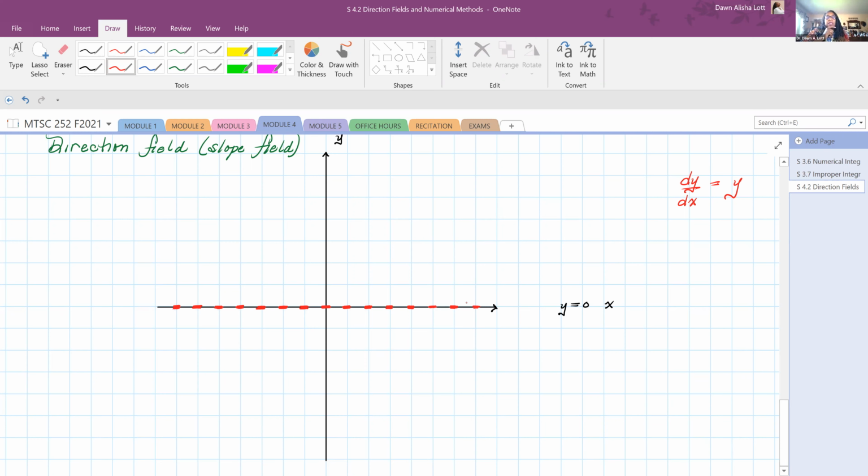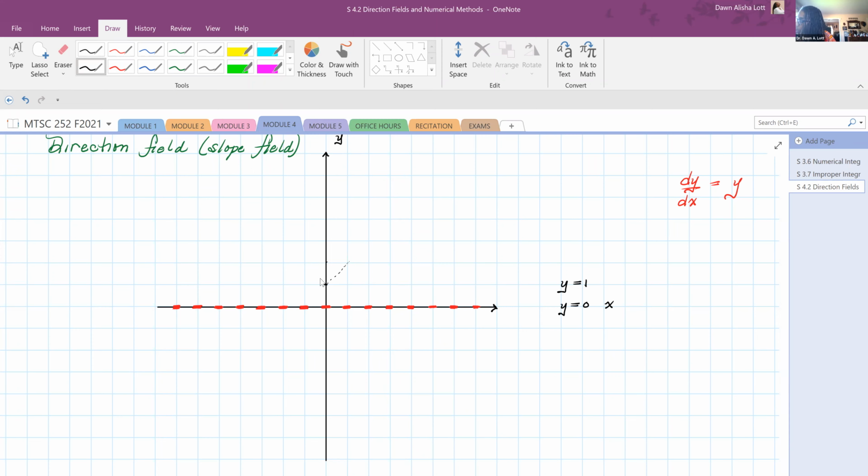So now if I go to the next line, y is equal to 1. So up here, y is 1. That means at every point, I'm going to draw a little line that has slope 1. Now, how can I do that? In order to draw a little line of slope 1, I would start at this point, I would go up and over, and I would have a little line that looks like that.